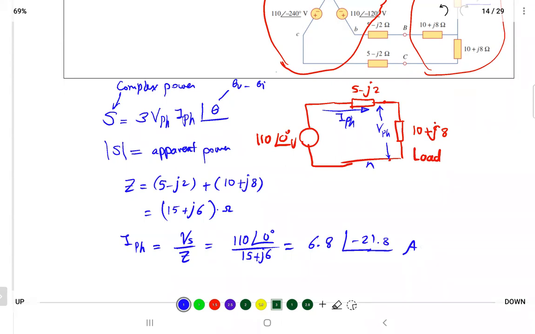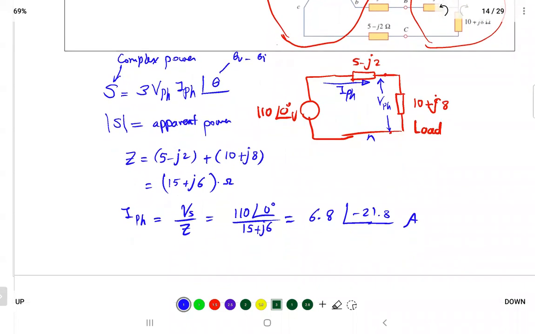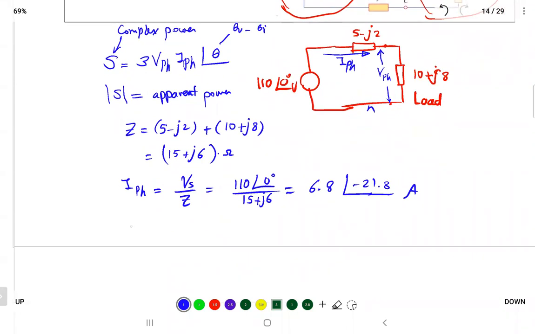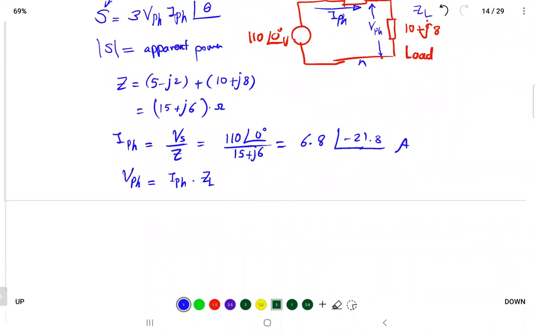I got I phase. I need to find the voltage across the load. The voltage across the load, V phase, I can get by multiplying the current by the impedance of the load. So I can write V phase equals I phase times ZL. In this case, I phase is 6.8 at angle -21.8.